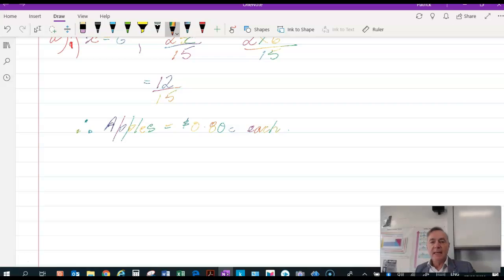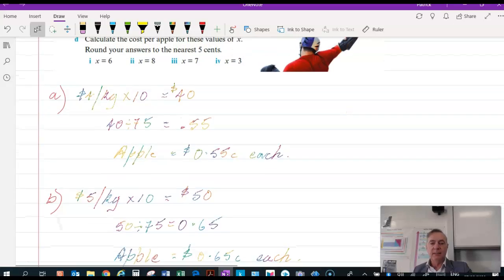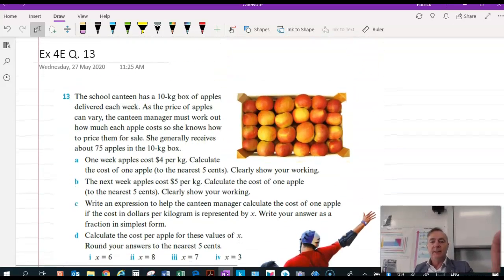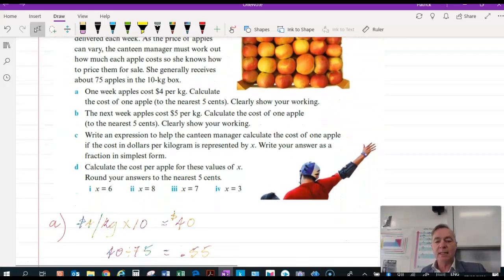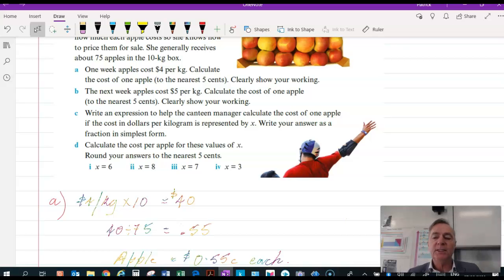What I've done is answer what was asked. Let's go back and have a look at what we've done. The canteen manager is looking at the cost of apples. They vary each week. She gets a 10 kilo box which has got 75 apples in it, and she needs to be able to work out how much each apple costs.